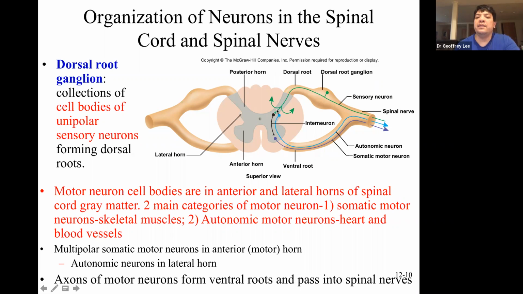As it enters the dorsal root, it passes its own cell body. And then it's going to be part of a pathway, a reflex arc, right? Where it makes contact with a second neuron, which then causes the muscle that you have just stretched to contract, right? So this interneuron causes this motor neuron that's somatic.